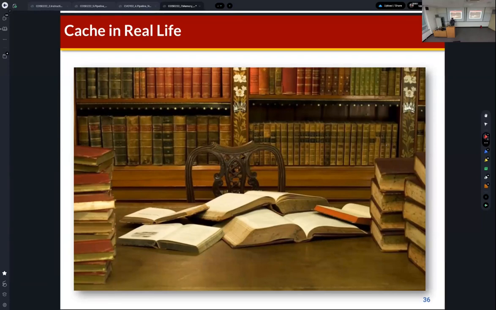There are many books here, but when we study for some course, we just focus on a few books. We don't need to search through all the books, right?